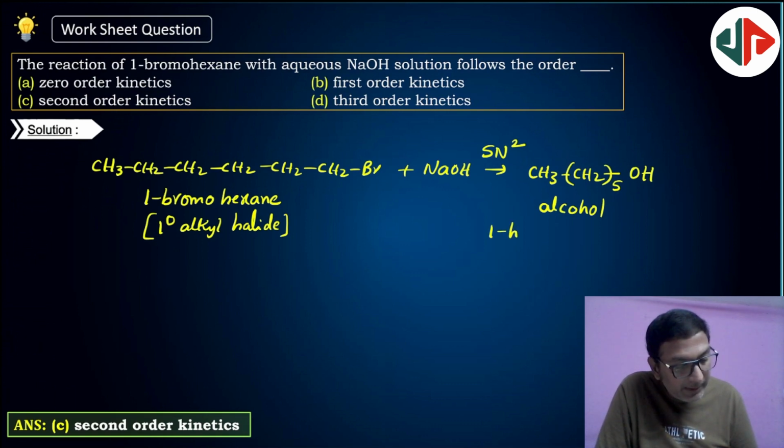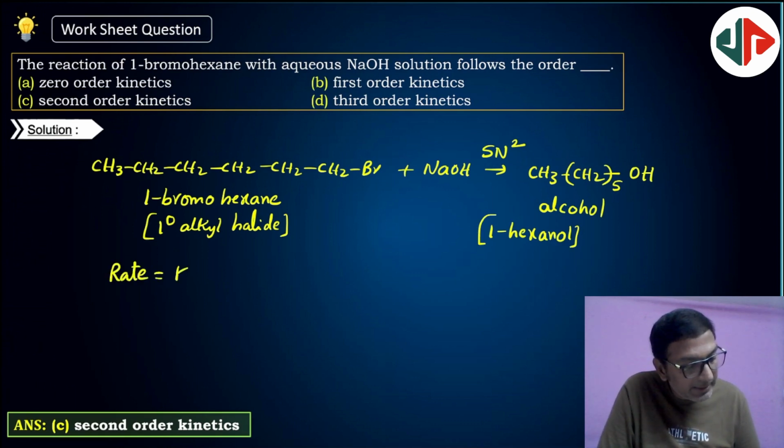That means 1-hexanol. According to kinetics, the rate of reaction depends on the concentration of alkyl halide, which is RX, and NaOH is the nucleophile.